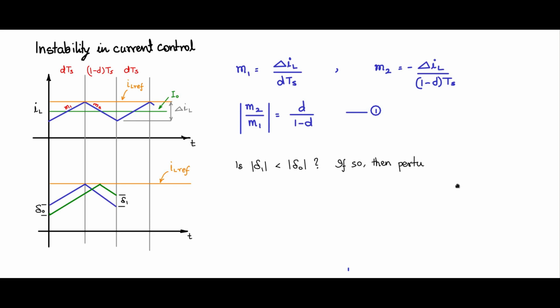So if mod del 1 is less than mod del 0, then the perturbation error will converge and ultimately decay down to 0. But the problem is, if del 1 is greater than del 0, then you are going to have an instability situation. So let us check that out.